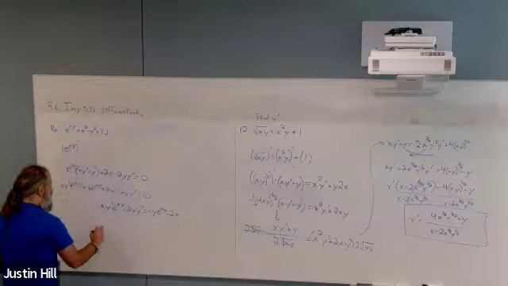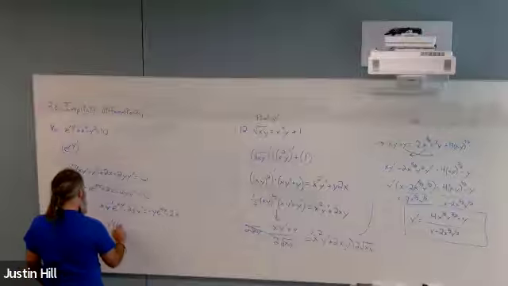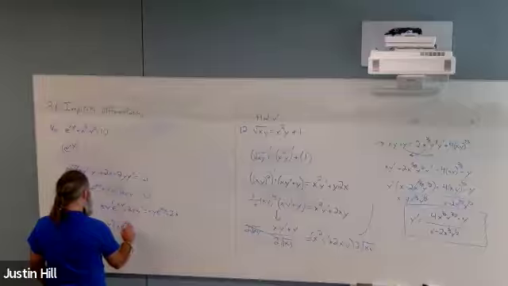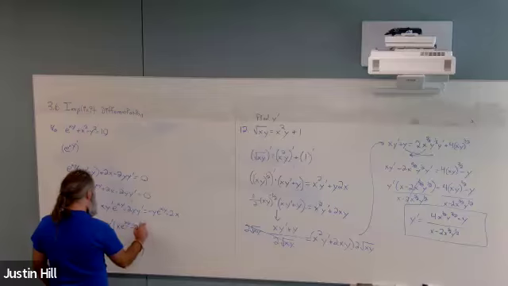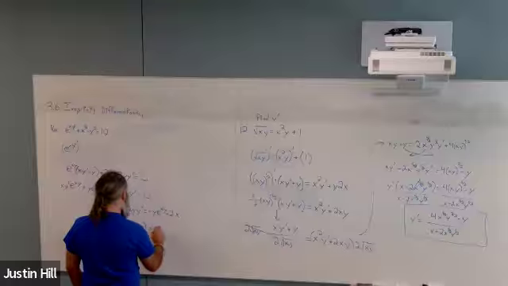Then we can factor out a y prime: x e to the xy minus 2y. Interesting. Very interesting.